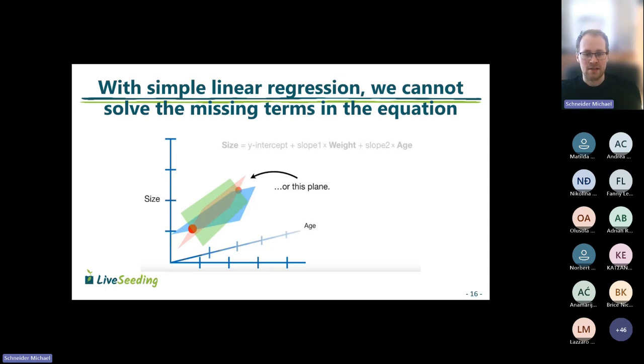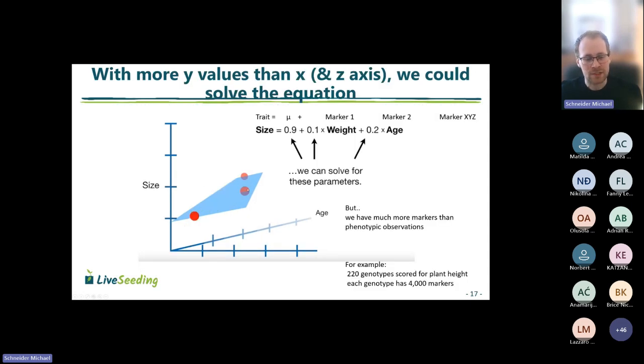In the end, we have too few measurements to solve this problem, because when we add another measurement, a third measurement, it would be really easy to solve this issue, because now we know the orientation of our plane, and then we can estimate what the size is sitting in here.